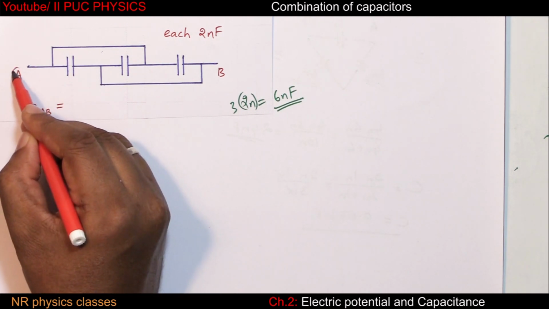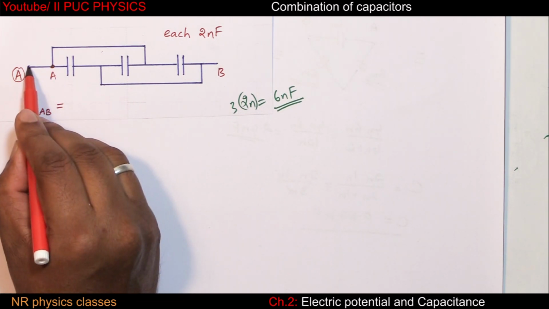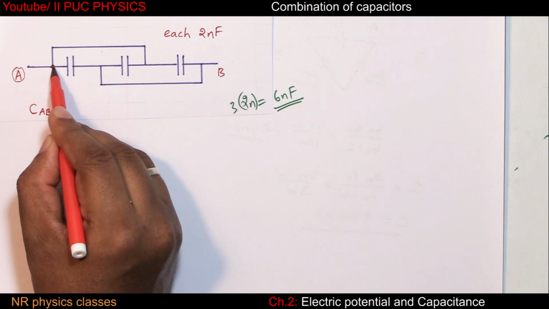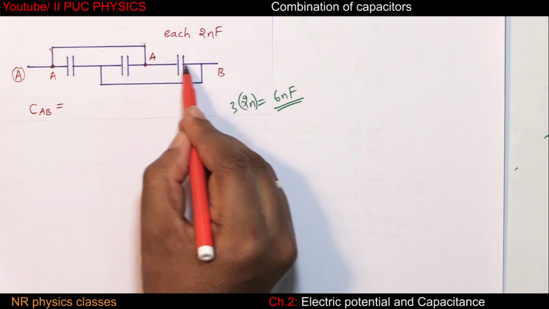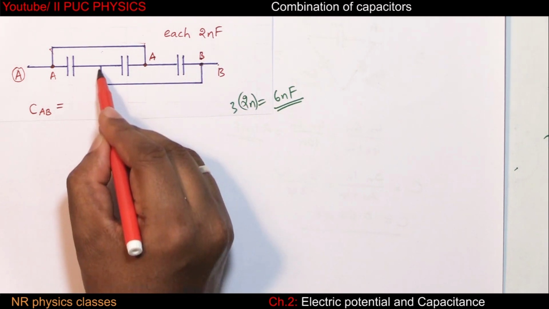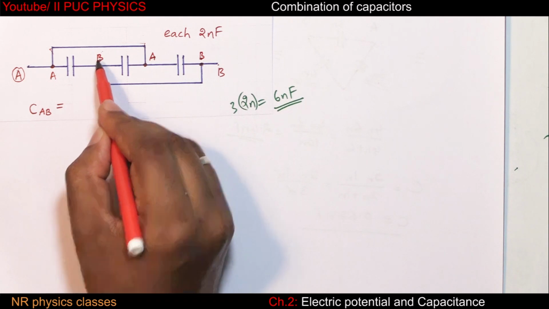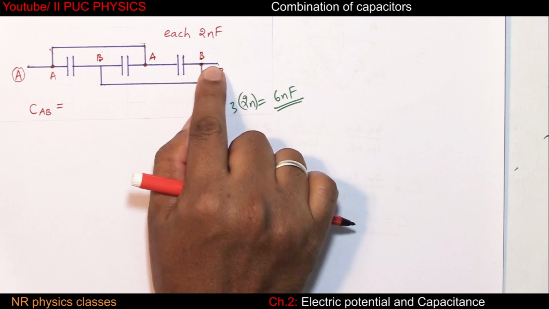If this is A, then this point is also A, because they are connected by a wire. If this is B, then this is B. This is also B. This is B because they are shorted by this wire.